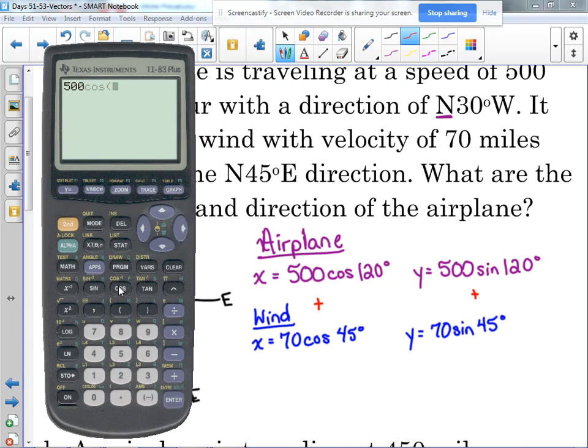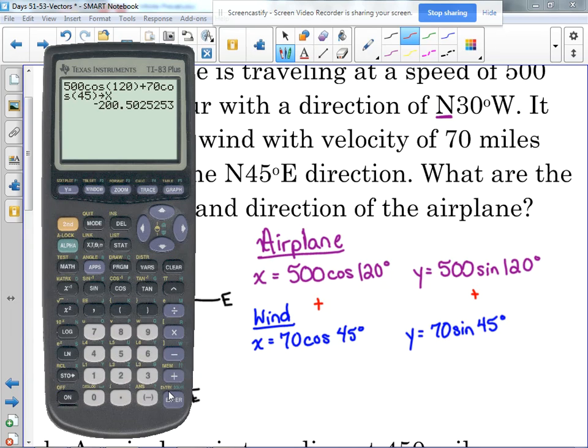When you do 500 cosine of 120 plus 70 cosine of 45, I would suggest you store that as x, because that's your x component of the overall effect.